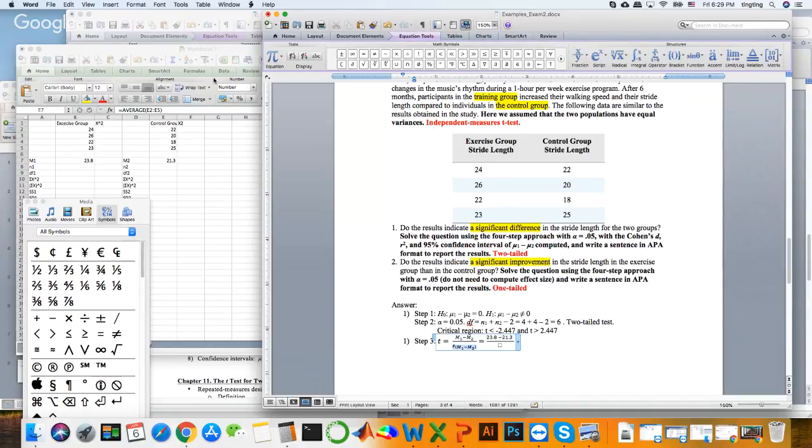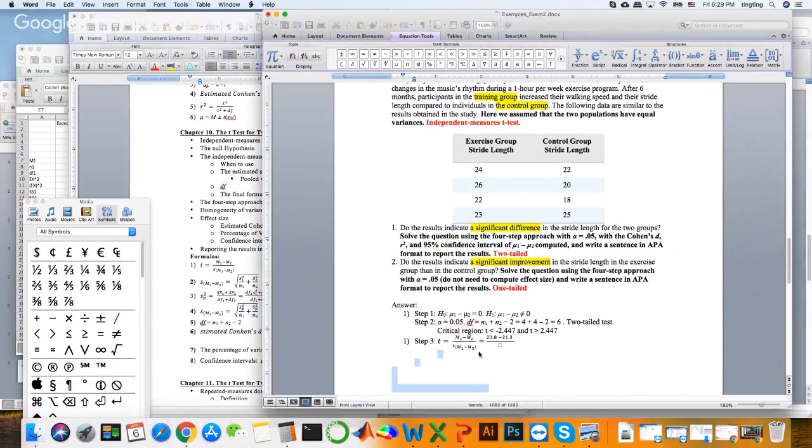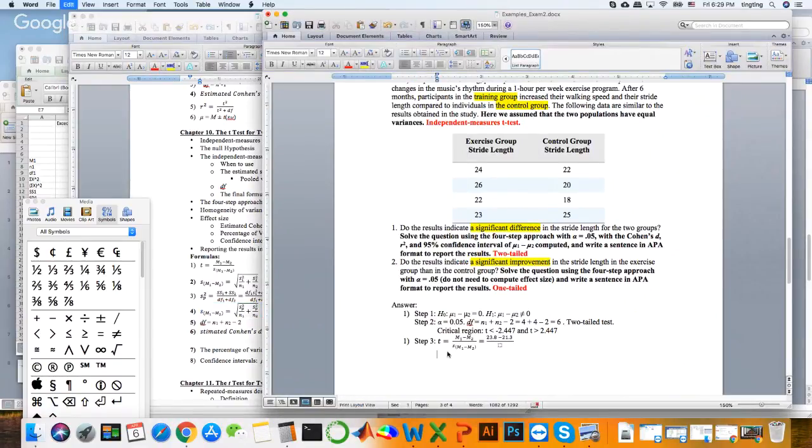Here, for M1 minus M2, we don't know yet. Let's check the formula for how to compute it. We need to use this formula, the pooled variance. And then, how to compute the pooled variance.